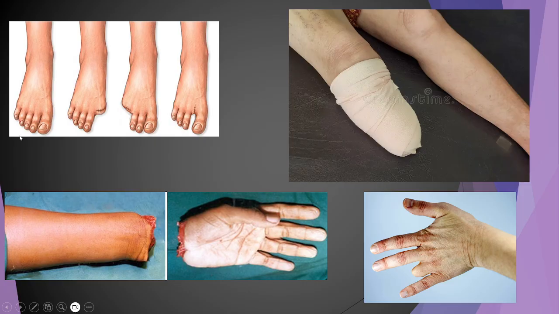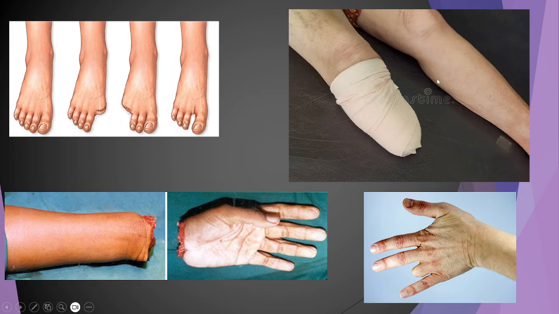Here you can see in the picture. For example, if it is a foot region, for the thumb, the toe, there is an infection here. Because of the infection here, there is a chance or risk that it will spread to the healthy tissue. So the physician will do the amputation and remove the toes.